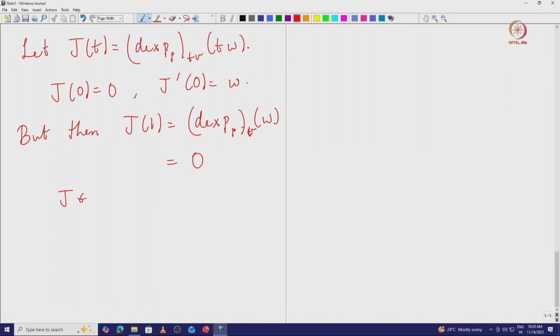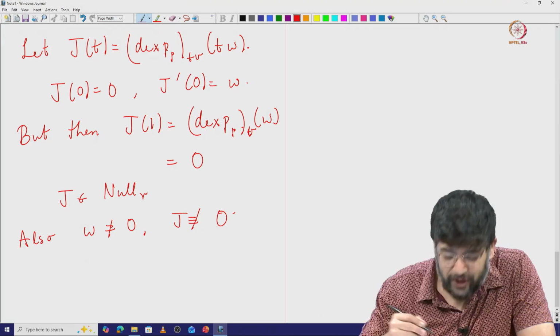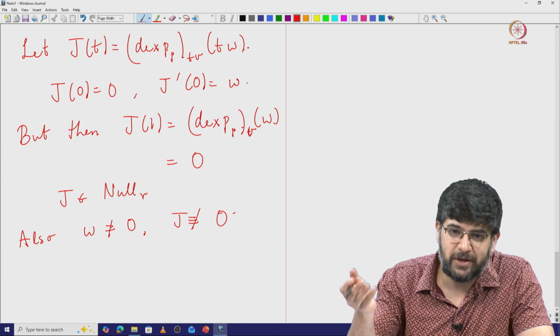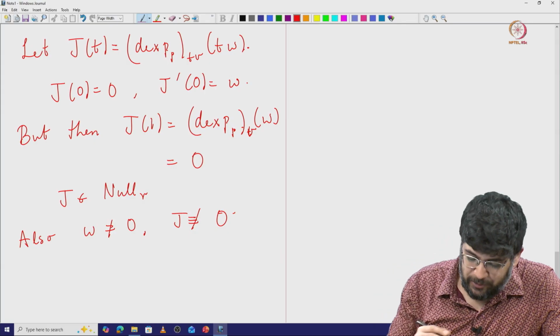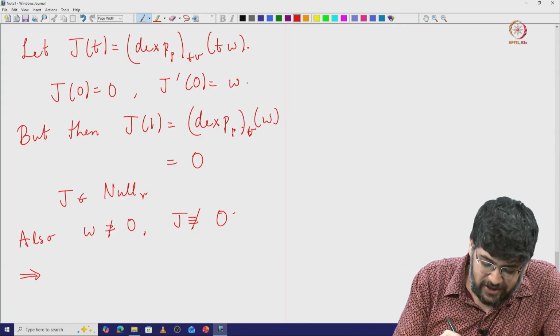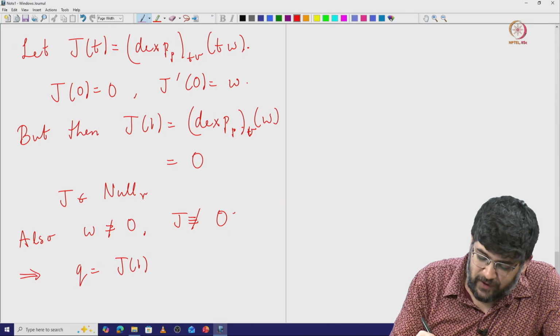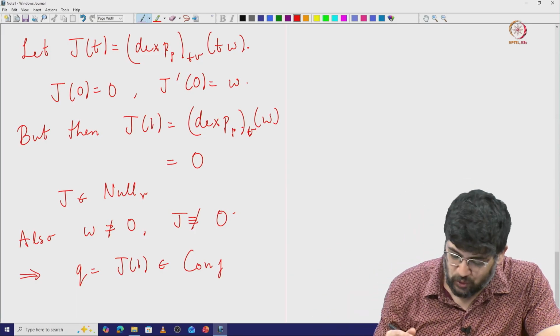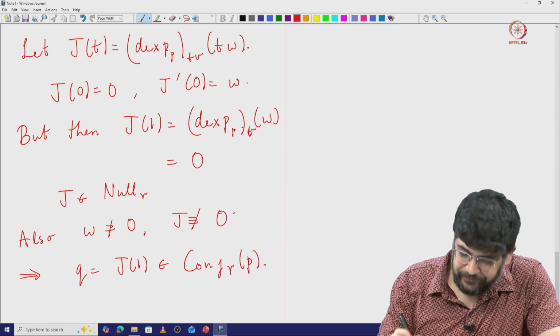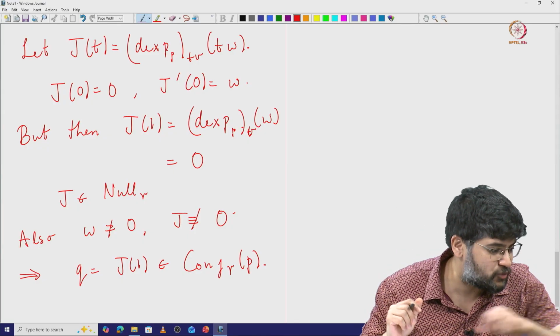So J belongs to the null space. Also because W is not 0, by the existence and uniqueness of Jacobi fields, J cannot be trivial, because if J were trivial then J prime of 0 would be 0. So W is not 0, which means that J is non-trivial. But then that just means that Q, which is equal to J of 1, is a conjugate point, because we have found a non-trivial Jacobi field that vanishes at the two endpoints. Okay, so that completes the proof of the proposition.